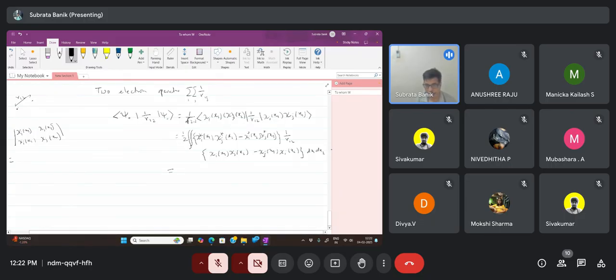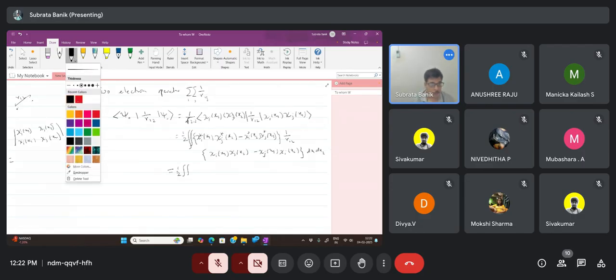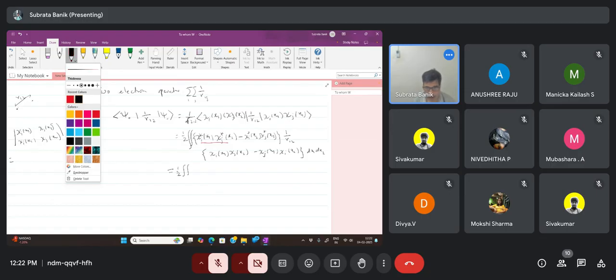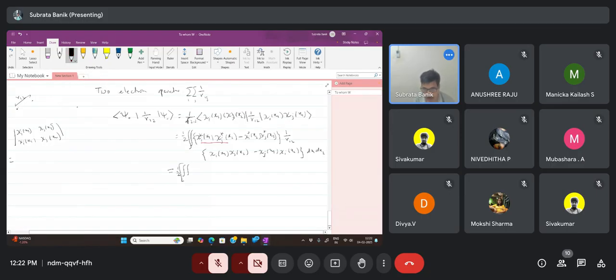What we get here is a double integration. Every term in the bra must be multiplied with every term in the ket. So what you get here, note down this one. This term must be multiplied with this operator. So let us write this. We have here, let us put a bracket. This half is beyond the bracket, it is common.